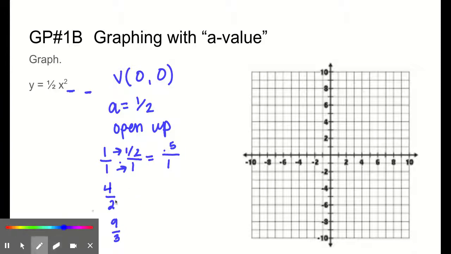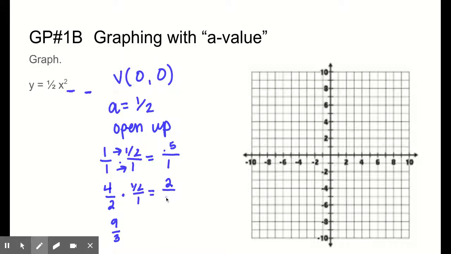Let's do the same thing here. 4 times 1/2 over 1. 4 times 1/2 gives us 2 over 2. And the last one, 9 times 1/2 gives us 9 over 2, or 4.5 over 3.